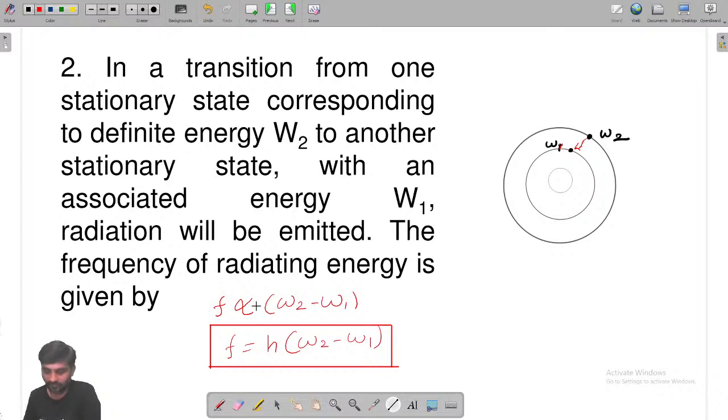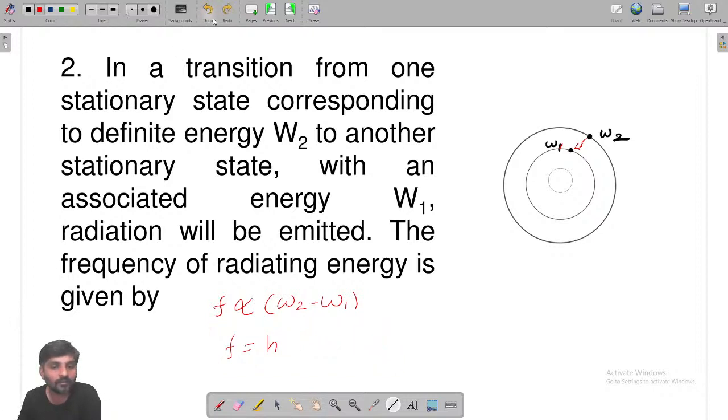The constant of proportionality, oh sorry, is going to be W2 minus W1 by H. I'm sorry, I forgot it. So F is equal to 1 by H into W2 minus W1, that is, W2 minus W1 by H.